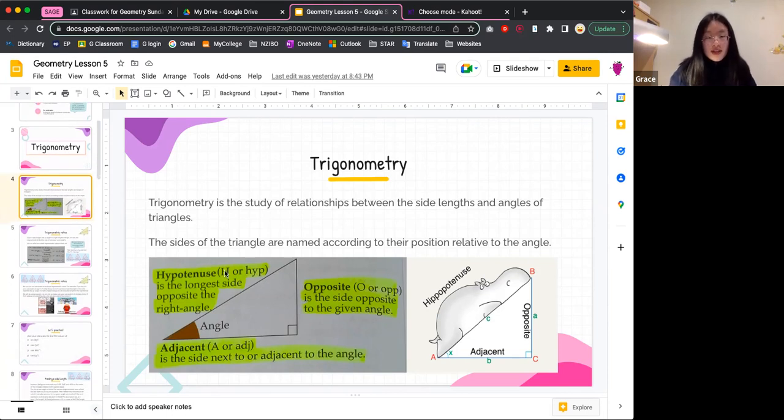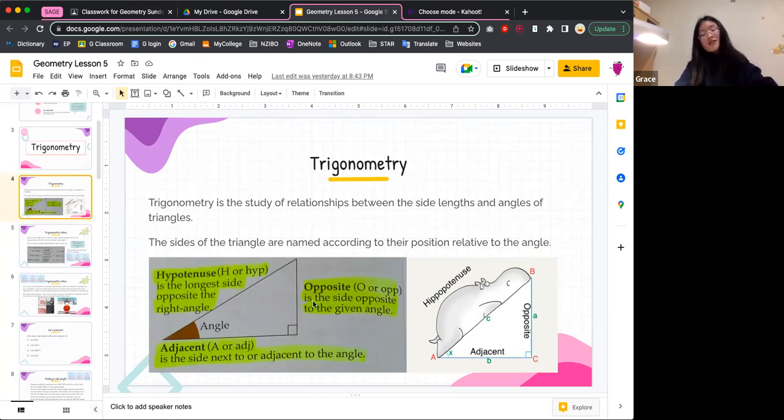Here we have a right-angled triangle. From Pythagoras, you might remember that the longest side, which is opposite the right angle, is called the hypotenuse. Then you've got two other sides. In Pythagoras, we didn't really name the two other sides, but here we actually do name them differently.